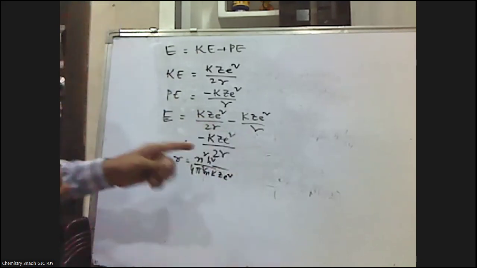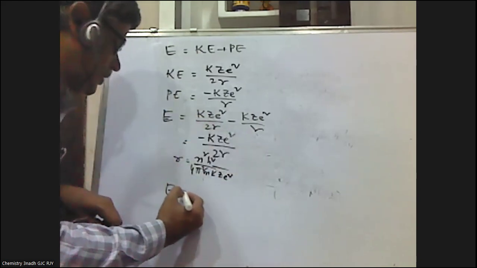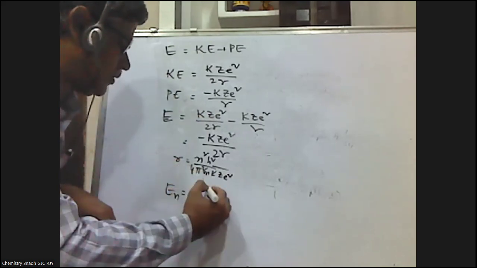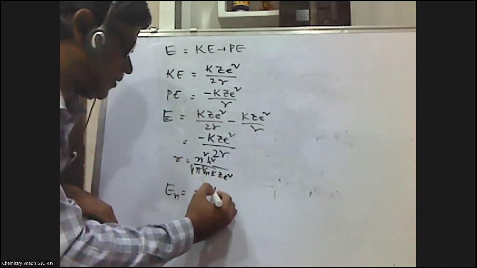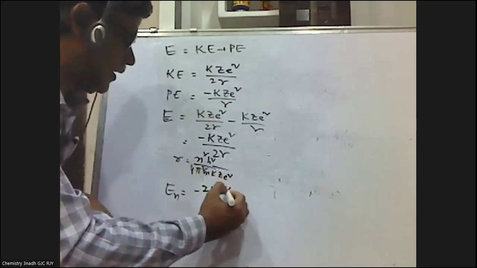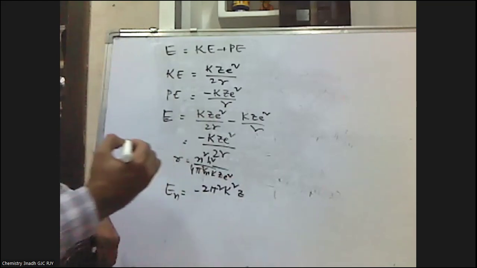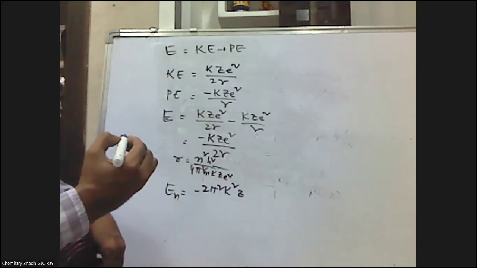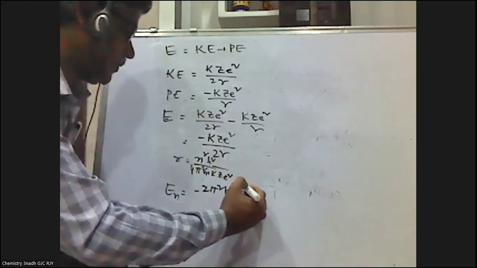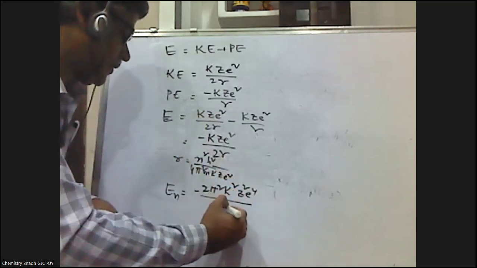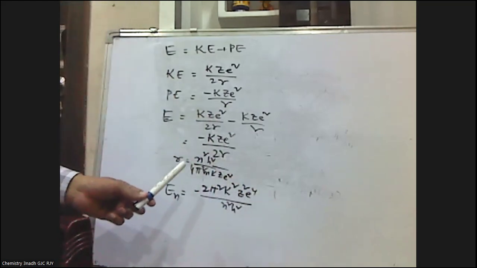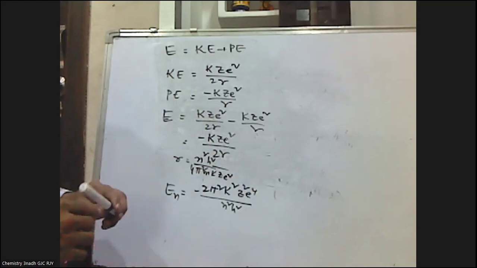So if we substitute this expression, the energy expression we will get is En is equal to minus 2 pi square K square into Z square into e power 4 m by n square h square. So this is the expression for the energy of the Bohr's orbit.